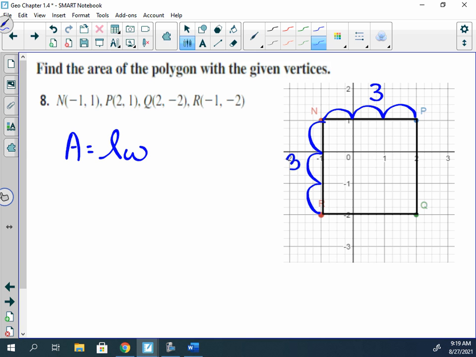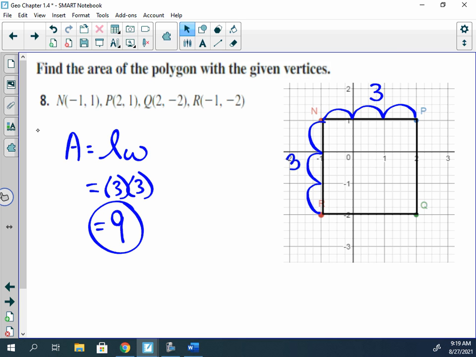Area of a rectangle or square is length times width. So 3 times 3, which is 9. So the area of this rectangle is 9 square units. Any questions on this here?